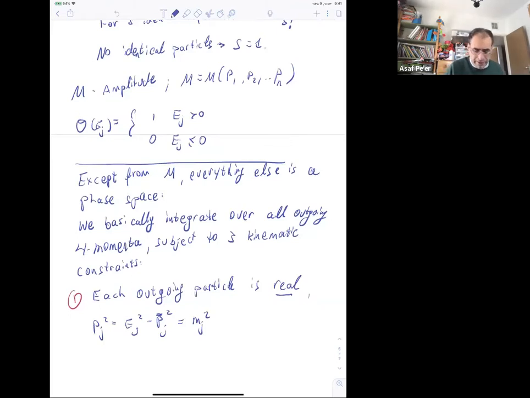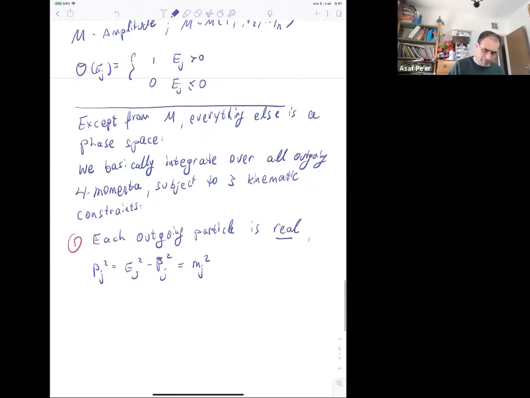So this is the meaning of this delta function: delta of pj squared minus mj squared is just delta of Ej squared minus pj vector squared minus mj squared.